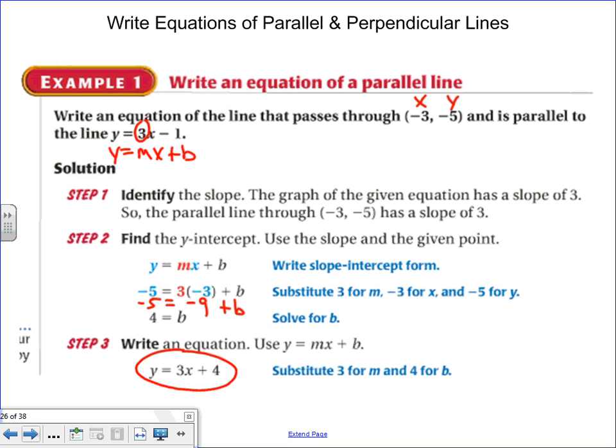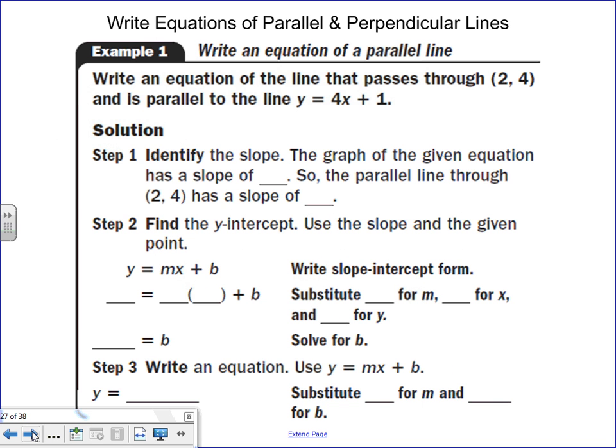Let's look at the example that's on your note sheet. We're going to write an equation of a line that passes through the point 2, 4 and is parallel to the line y equals 4x. Just like we've done with everything else, the first thing we need to do is identify the slope. Remember y equals mx plus b form.